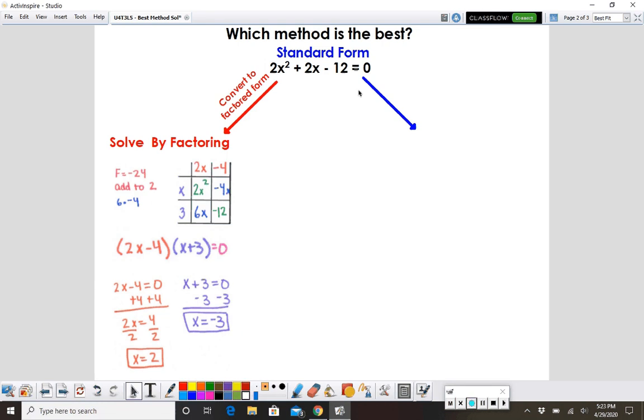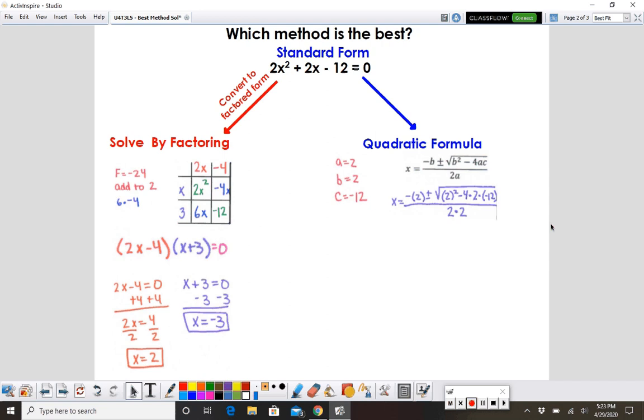Now another way to solve a standard form equation is using your quadratic formula. You start off identifying your a, b, and c values, writing down your formula, and then you're going to plug everything in. So negative b plus or minus the square root of b squared minus 4 times a times c all over 2a. Your next step is going to be to calculate what's under your square root symbol.